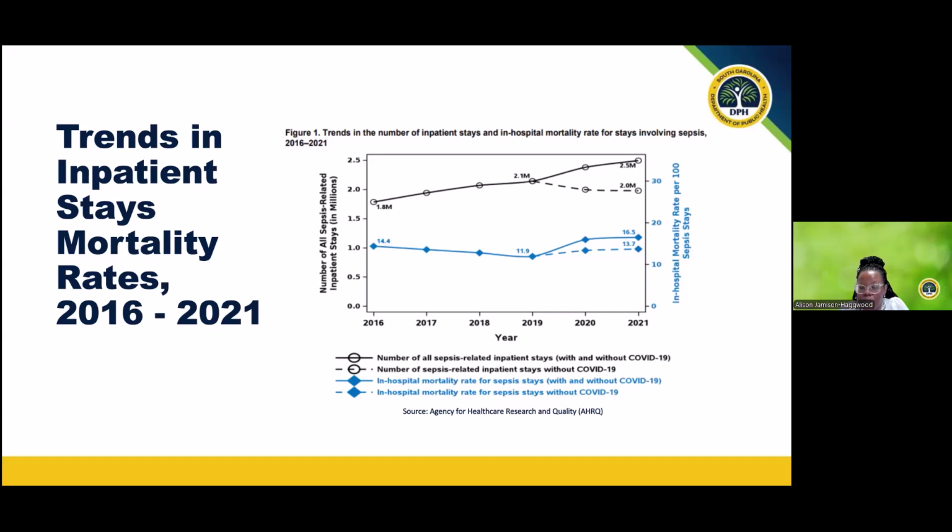So it's depicting both. And the dotted line with the circle shows the number of sepsis-related inpatient stays without COVID. So that number is a little lower. Does that lead us to believe that we had more patients that were septic due to COVID, possibly?